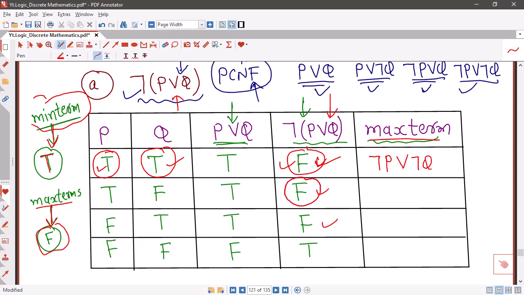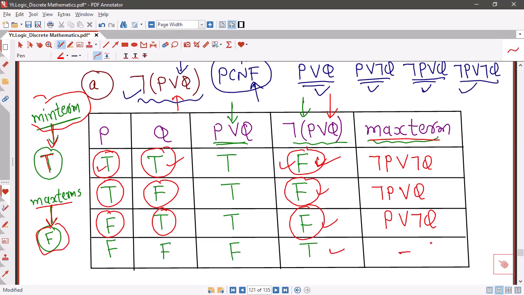Now in this case we observe that P is true, therefore we will write negation P, and Q is false, so we keep Q as it is. Same thing for this, here P is false, therefore we will keep P as it is, and Q is true, therefore we will consider negation of Q, and we don't have to check for this.